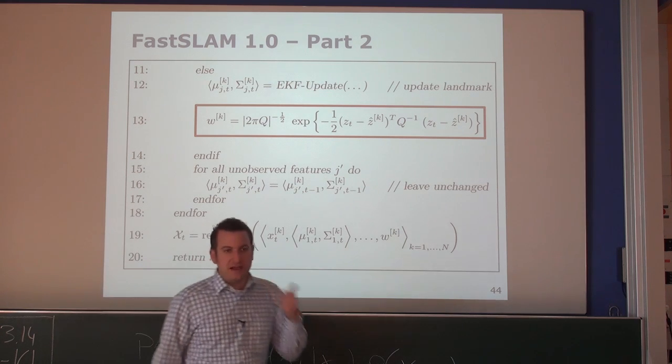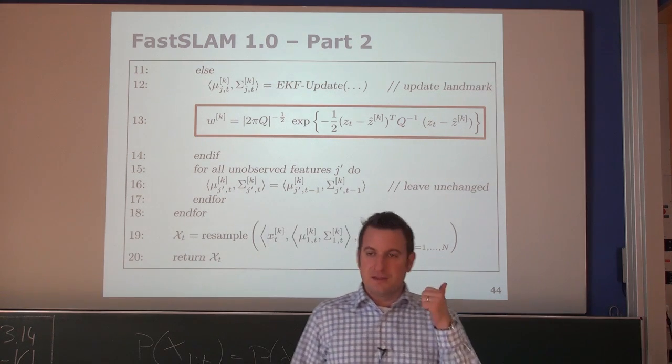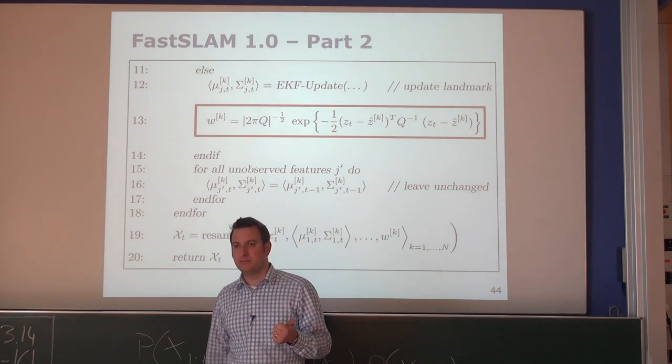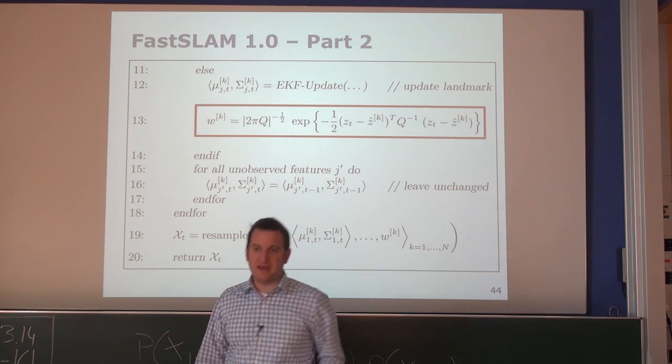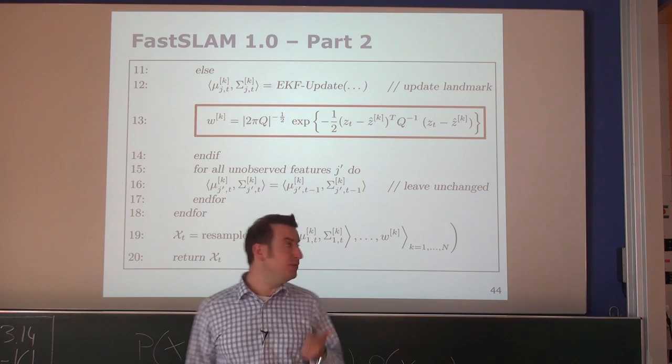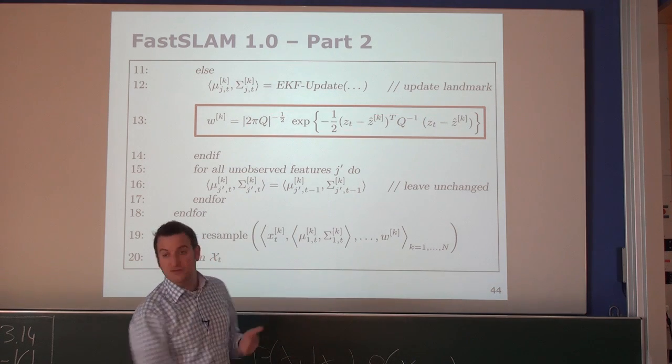So to summarize, the key design decisions have been: we take my odometry motion model as the proposal distribution. As a result of this design choice, I need to compute the weights according to this distribution.